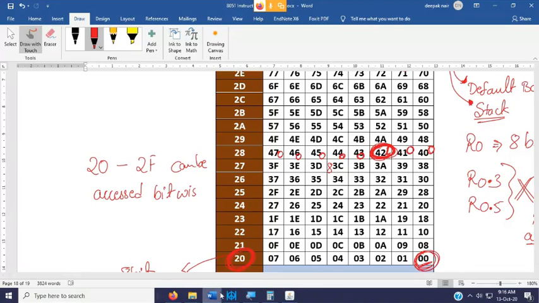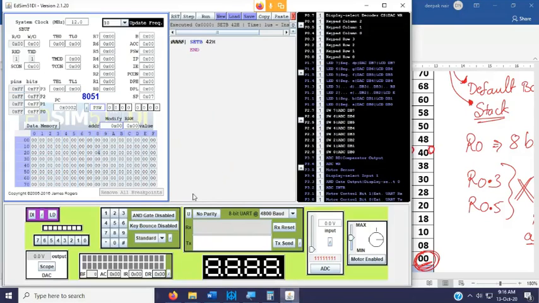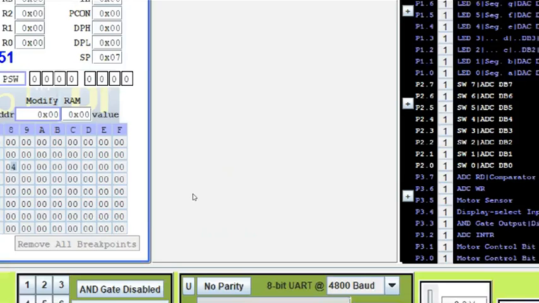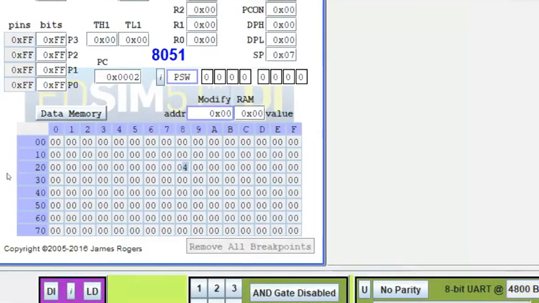So in memory location 28 we got 04. Clear? So remember this line, that means 20 to 2F can be accessed individually bitwise, and we can set or clear any of these bits within the range from 20 to 2F by accessing their addresses.